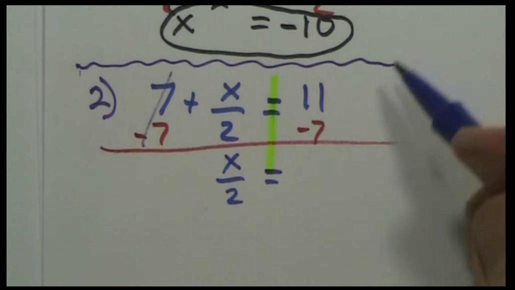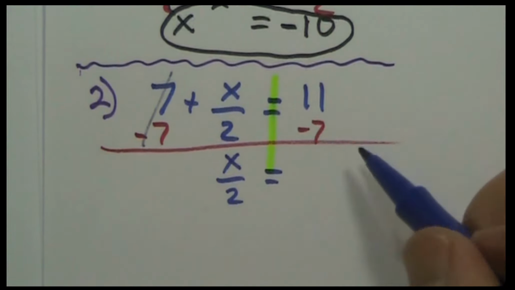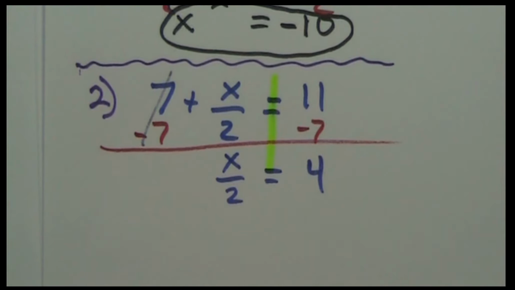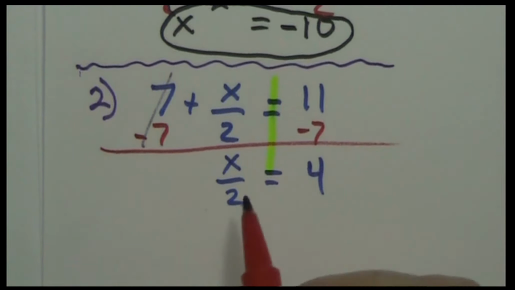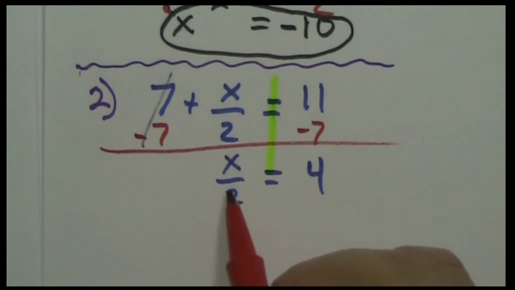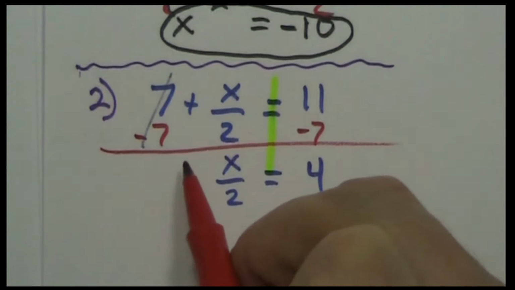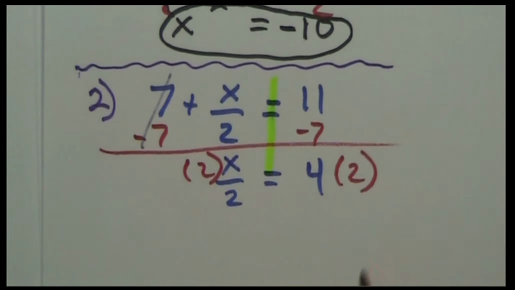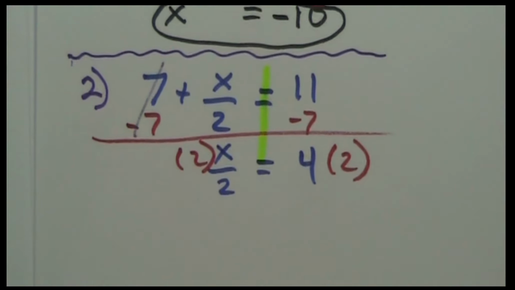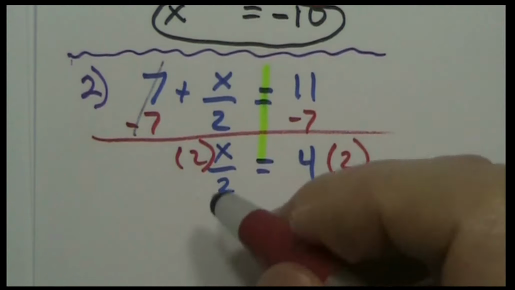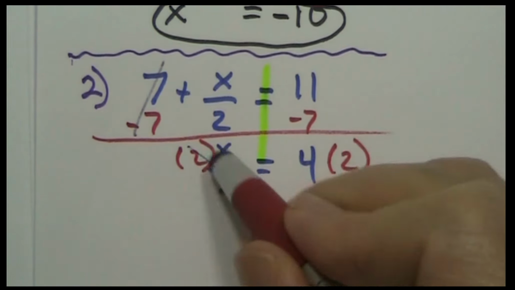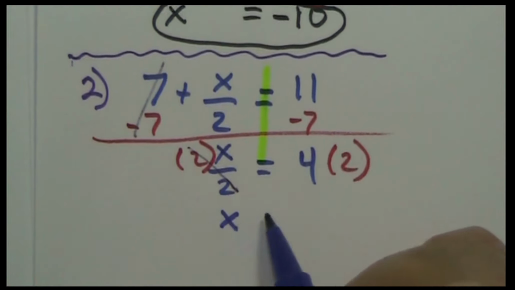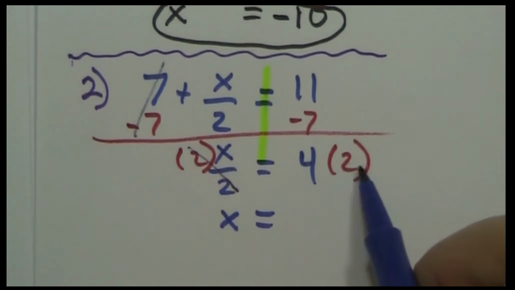On the right side, 11 minus 7. Now I need to get rid of divide by 2, so I will multiply by that number, by 2, both sides. And see how this will reduce to 1x. 4 times 2.